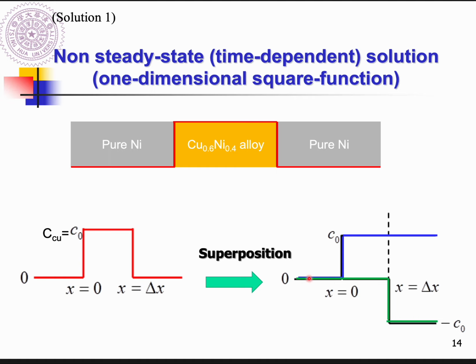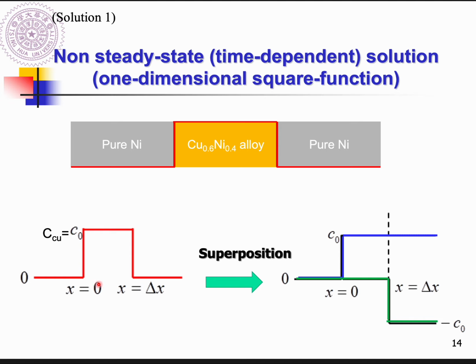So that allows us to check first, okay? From negative infinity to 0, if you sum the blue line and green line together, then the concentration will remain 0. So it's 0 here, right? And if we focus on between 0 and delta x, then if you sum these two lines together, the concentration you have is C0.